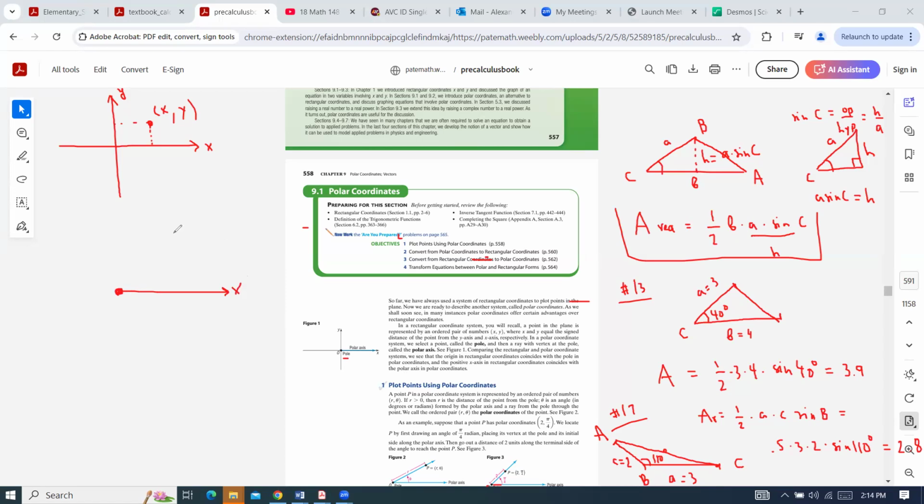And then any point on this plane could be described completely differently, not with X and Y coordinates, but with the distance to the pole. And that's what they call with a letter D here. Actually, they use letter R. I want to be consistent with the book. R. And an angle that we have with this positive direction of the x-axis, which is called theta.